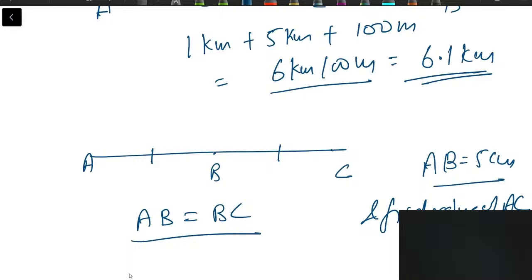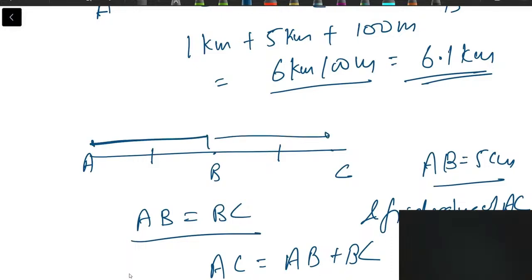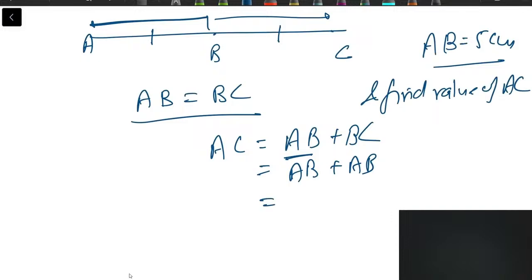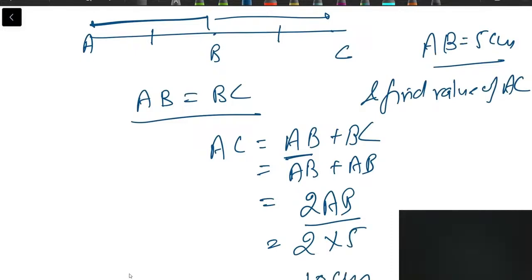How will we find AC? AC is equal to AB plus BC. Since AB equals BC, we can write this as AB plus AB, which is 2 times AB. We know AB is equal to 5 centimeters, so AC is equal to 10 centimeters. So the total length of AC is 10 centimeters. Clear?